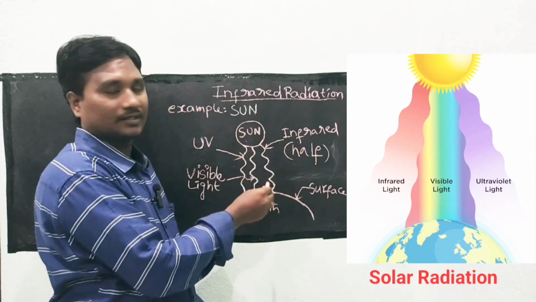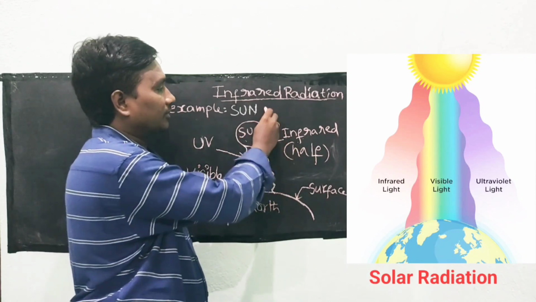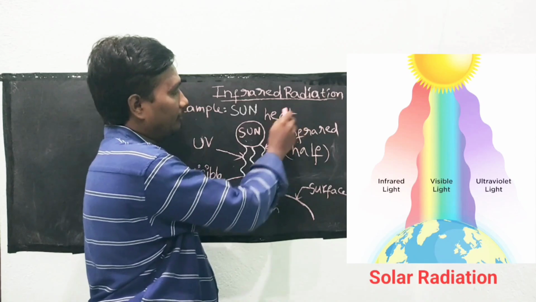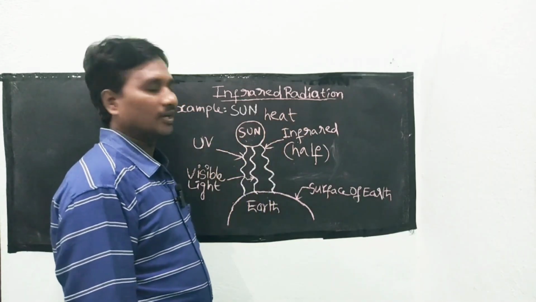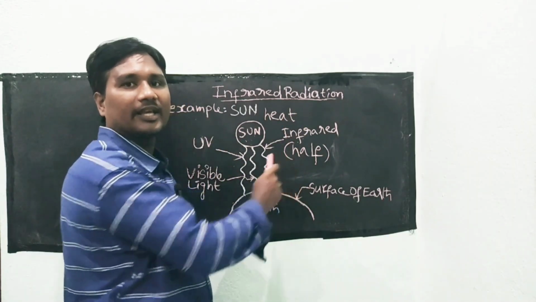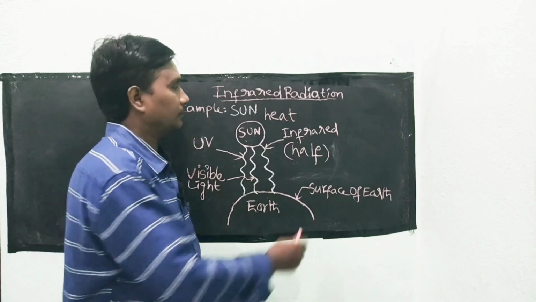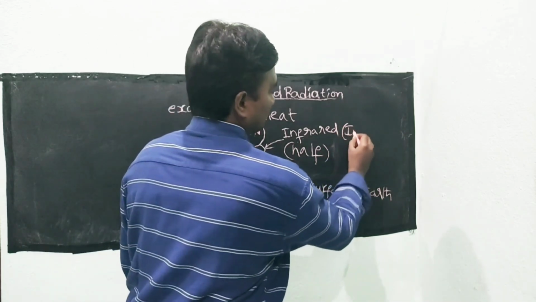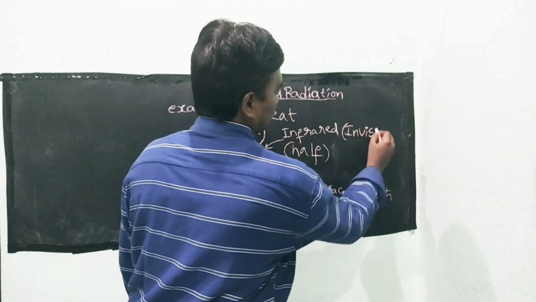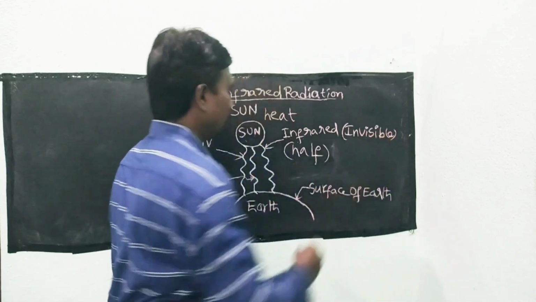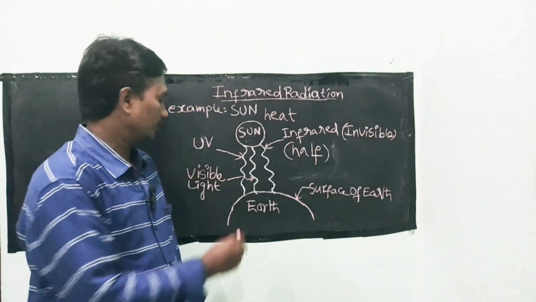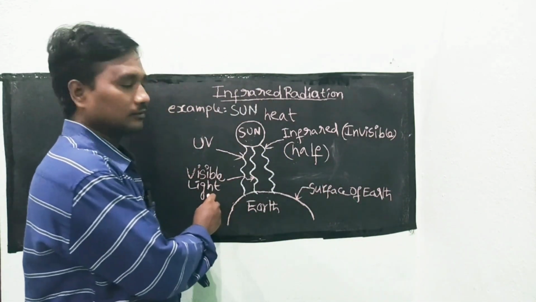The sun emits infrared radiation because of the heat of the sun, but this infrared radiation is invisible to the human eye. We can see only the visible light.